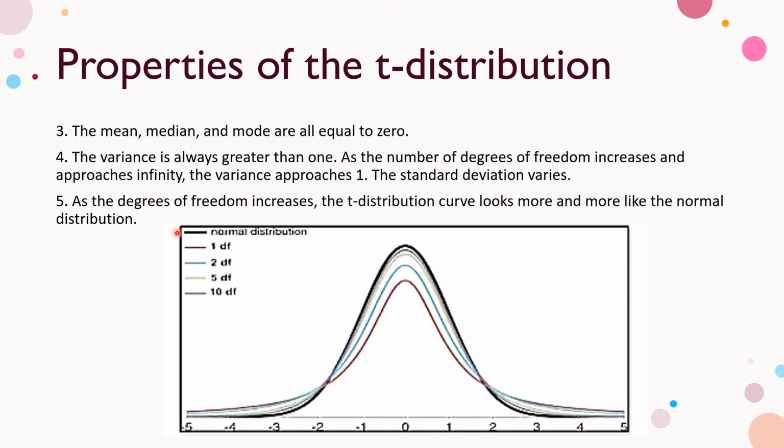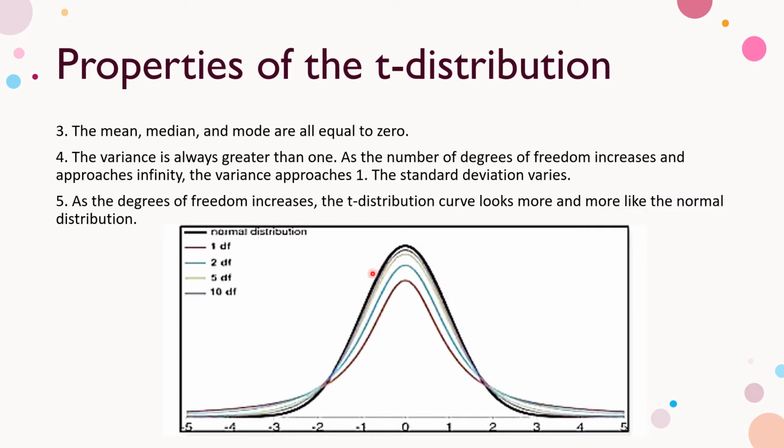So we have here an illustration. The black curve here is the normal distribution. For 1 degree of freedom, that is red, it is quite lower than the normal curve. If we increase the degrees of freedom to 2, we can see here the blue curve, it is becoming closer to the normal curve. 5 is this yellowish curve, another closer.